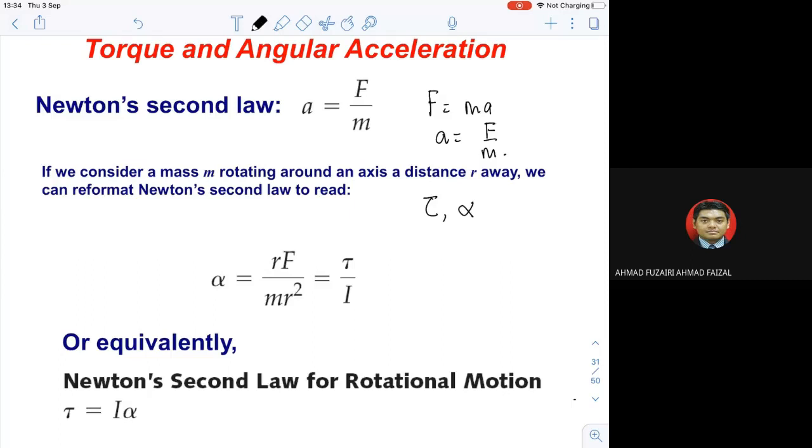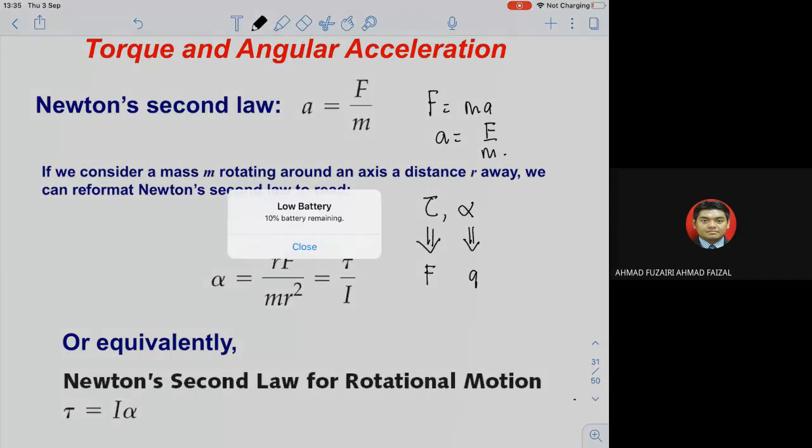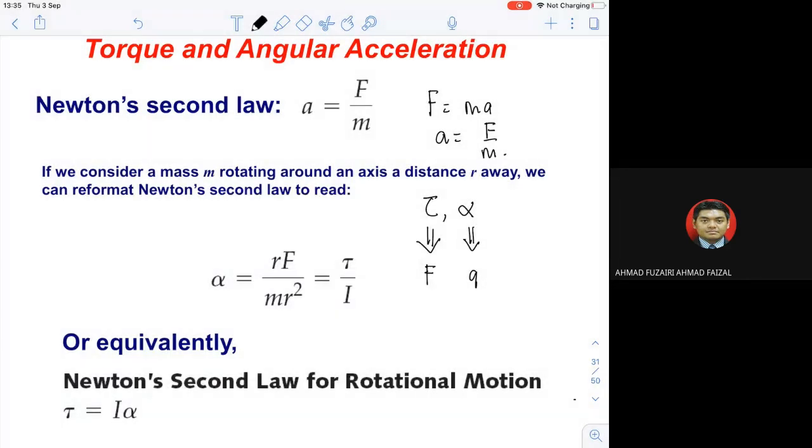So kita faham torque ni sebenarnya ada kaitan dengan force, and alpha ada kaitan dengan acceleration. So because of this, we try to combine angular acceleration and torque, together with the Newton's second law.